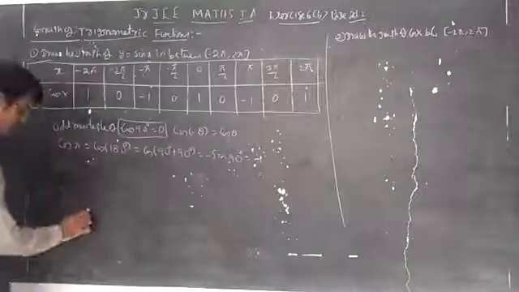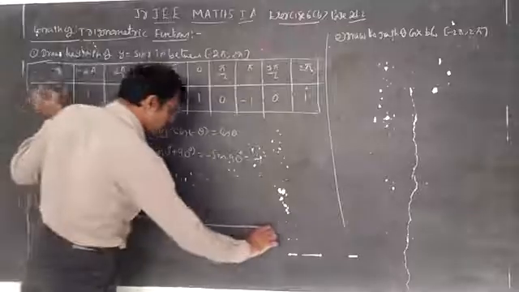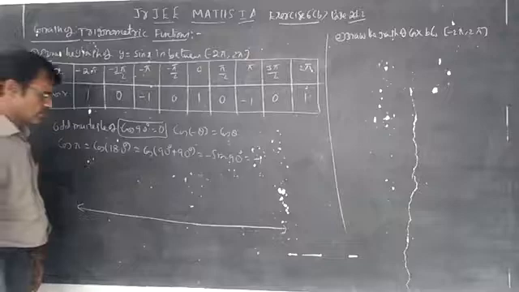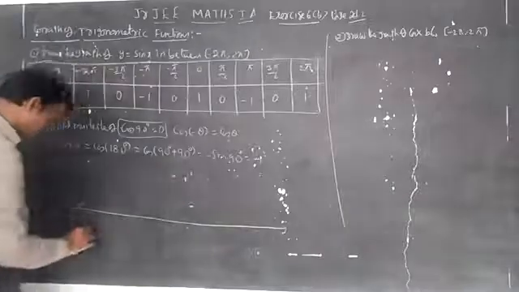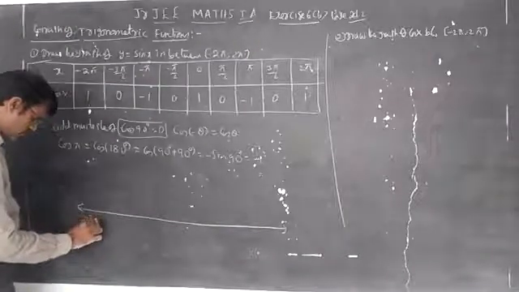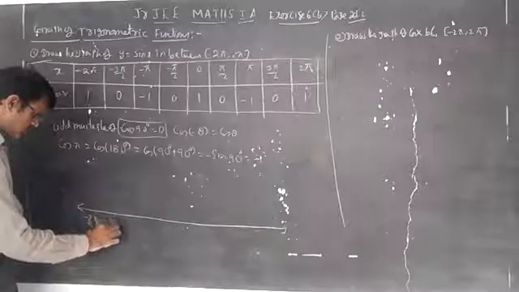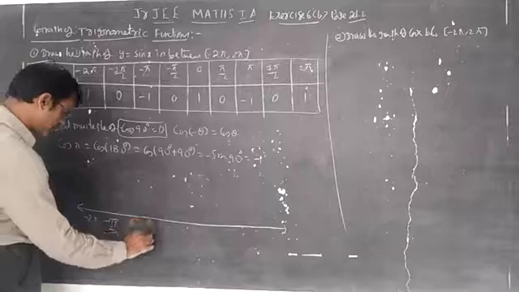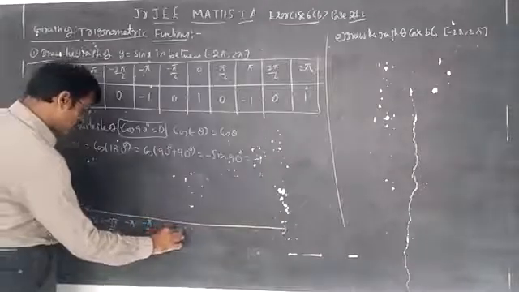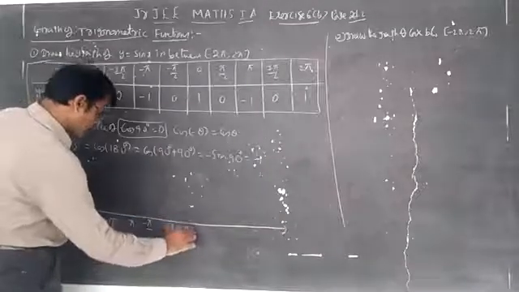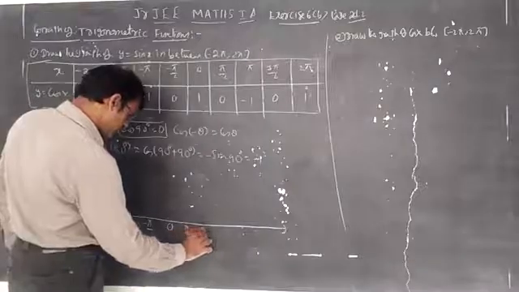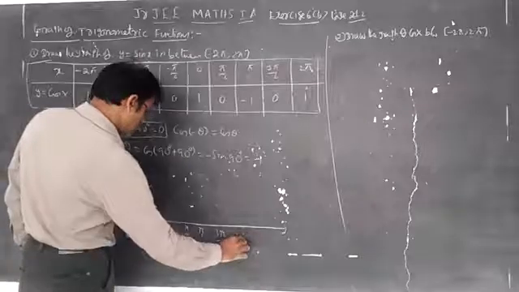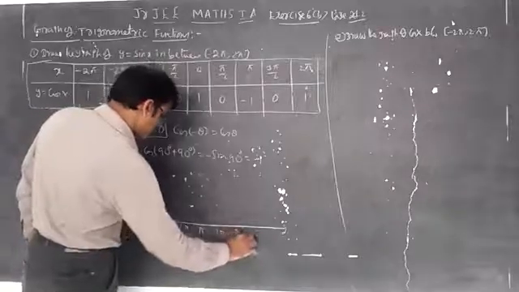Again we can draw the graph. Minus 2 pi, minus 3 pi by 2, minus pi, minus pi by 2, 0, pi by 2, pi, 3 pi by 2, this is 2 pi.